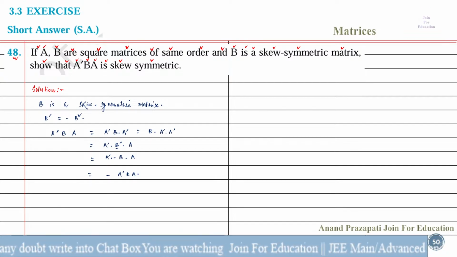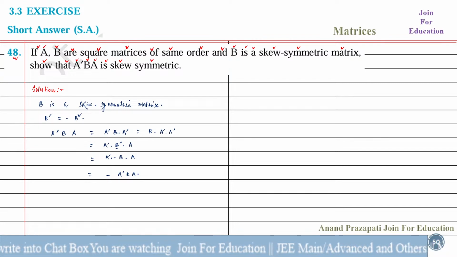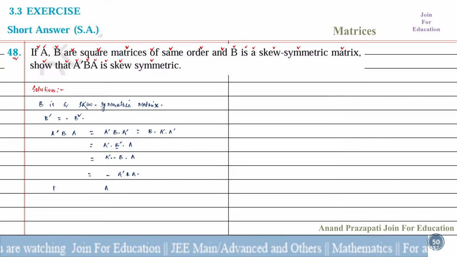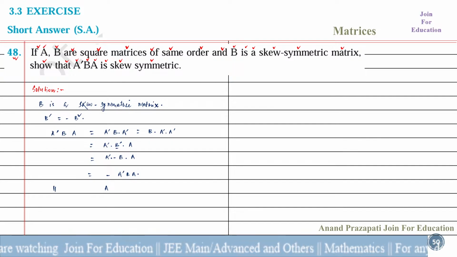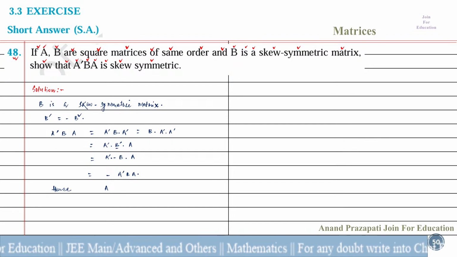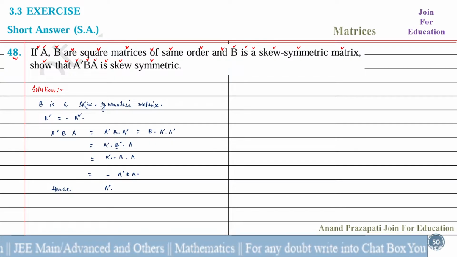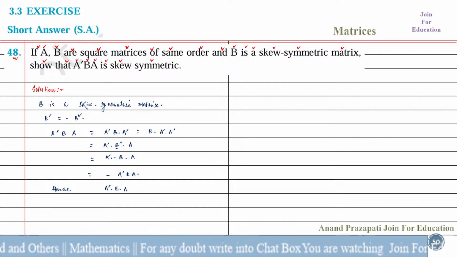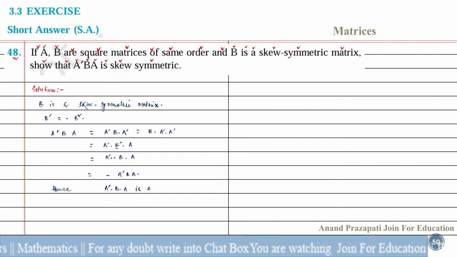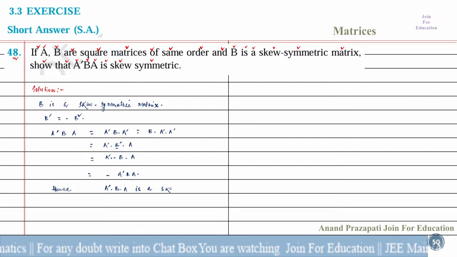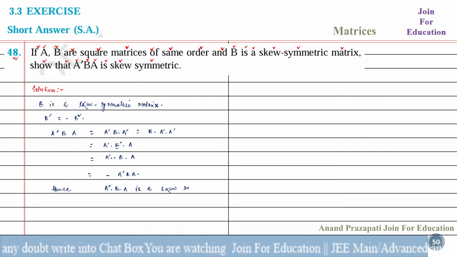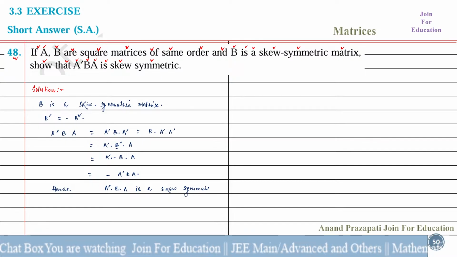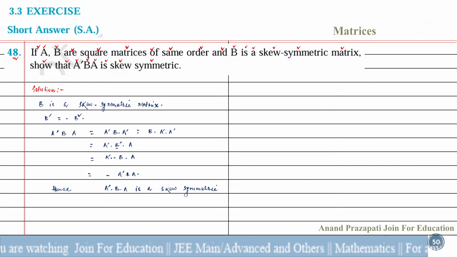Therefore, hence transpose of A into B into A is a skew symmetric matrix.